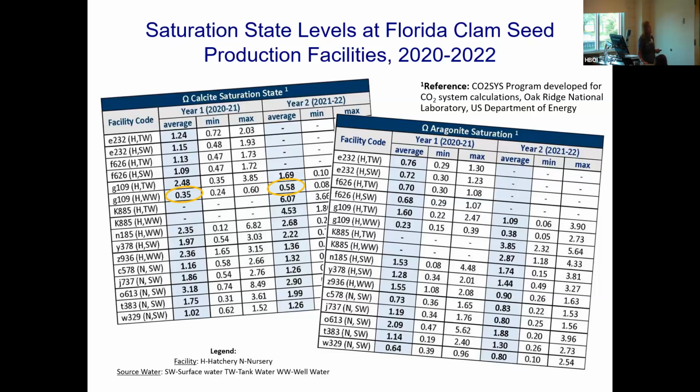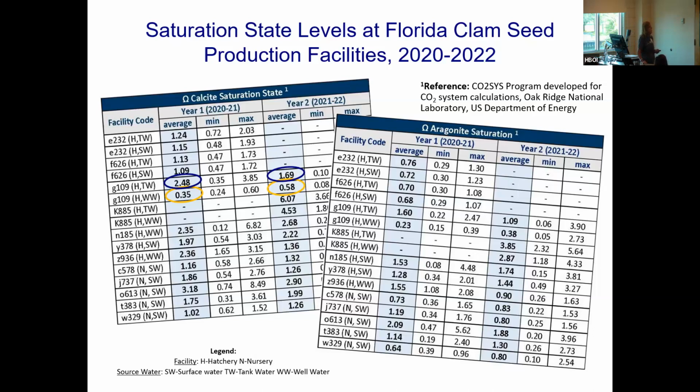We see that at that hatchery that we looked at earlier with the lower pH. But again, that was at the reservoir source. When we look at the tank water after aeration, we get values that are much greater than 1, which is acceptable. Again, calcite is the most abundant form.